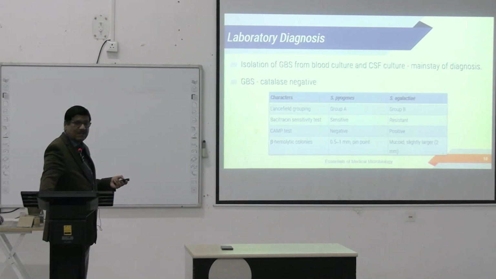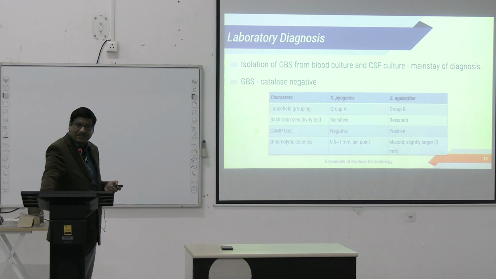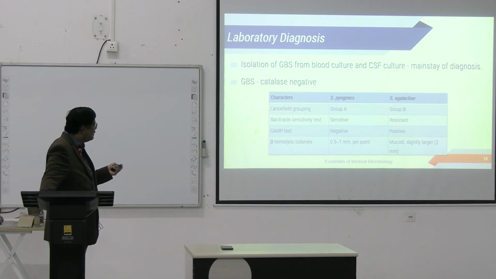How will you differentiate Streptococcus pyogenes from Streptococcus agalactiae? Both are in the beta hemolysis group: A is Streptococcus pyogenes and B is Streptococcus agalactiae, Lancefield group A and Lancefield group B. Bacitracin sensitivity is positive in pyogenes, and agalactiae is resistant.